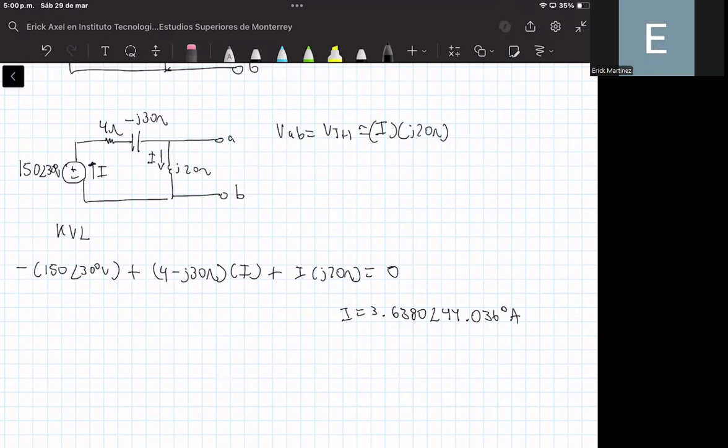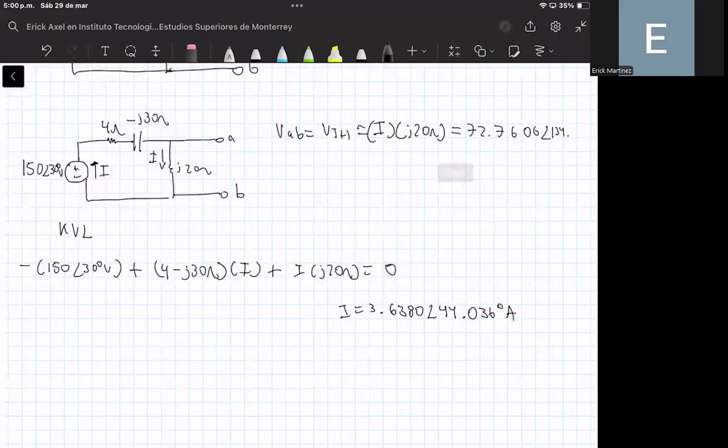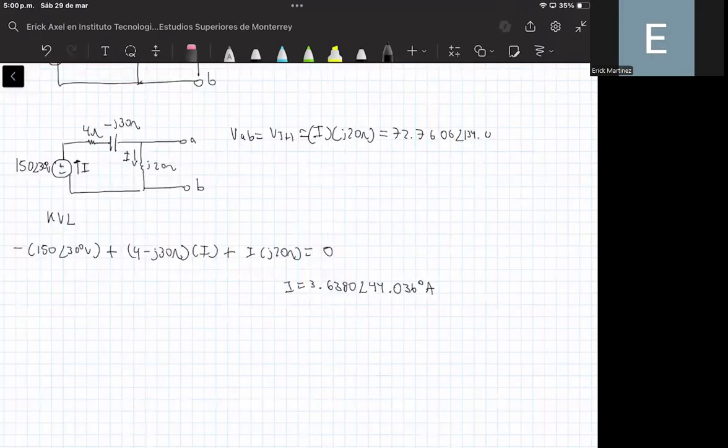And this is equal to 72.6606 with an angle of 134.036 degrees volts. Okay, so this is the Thevenin voltage.